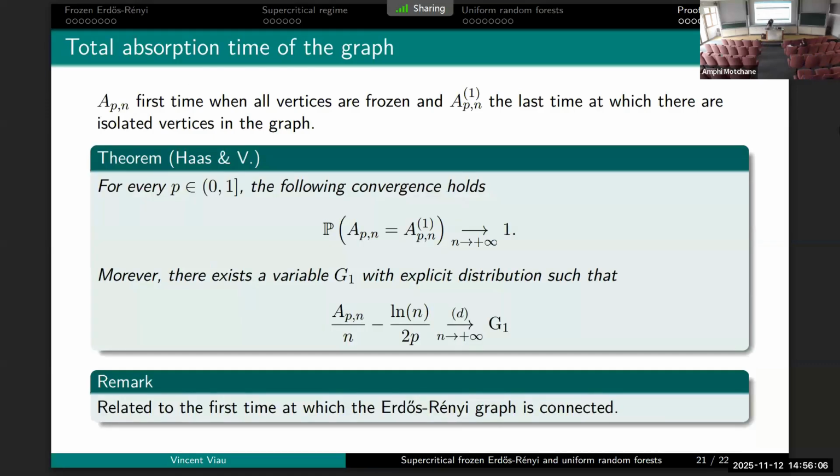Yeah, so thank you for the question. In the Erdős-Rényi case, what you have in the limit is a Gumbel distribution, with a double exponential cumulative distribution function. And here what we have is a Gumbel distribution plus some constant factor, if I remember well.